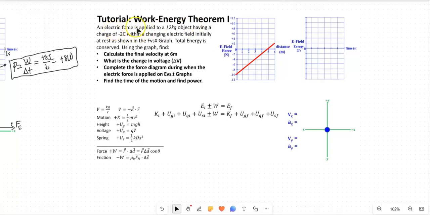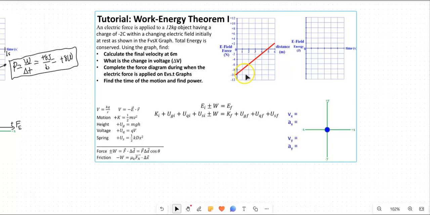So in here we have an electric force that is applied to a 12 kilogram object having a negative 2 coulomb charge within a changing electric field. And if this was a constant electric field, it would be horizontal, just like the last problem. Okay, as shown here. Okay, now the total energy is conserved.